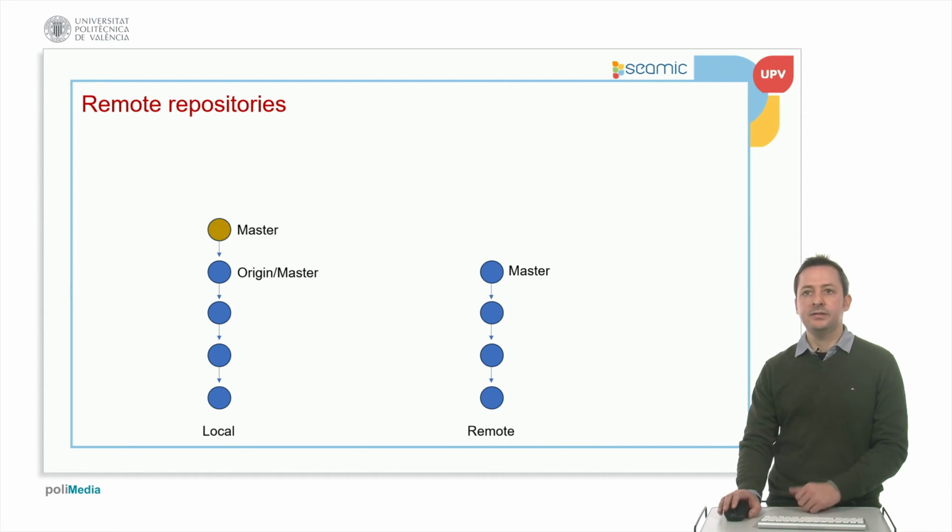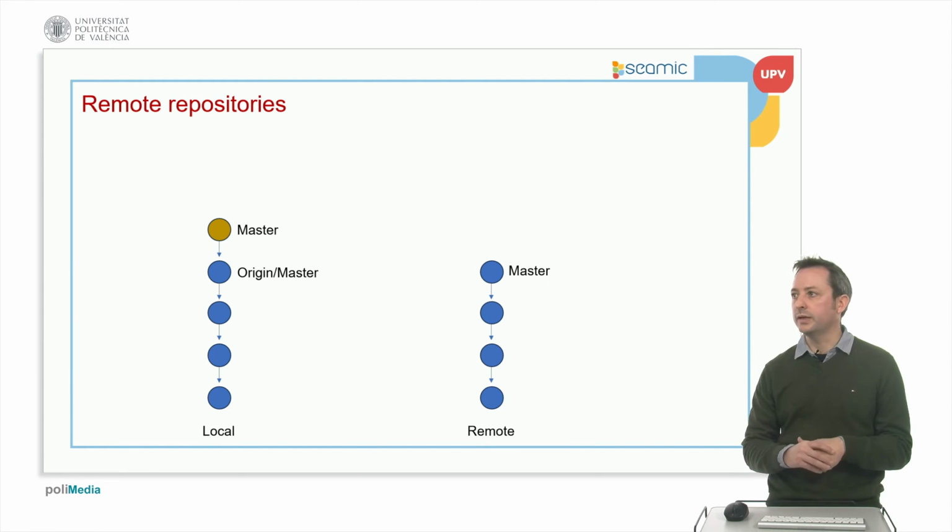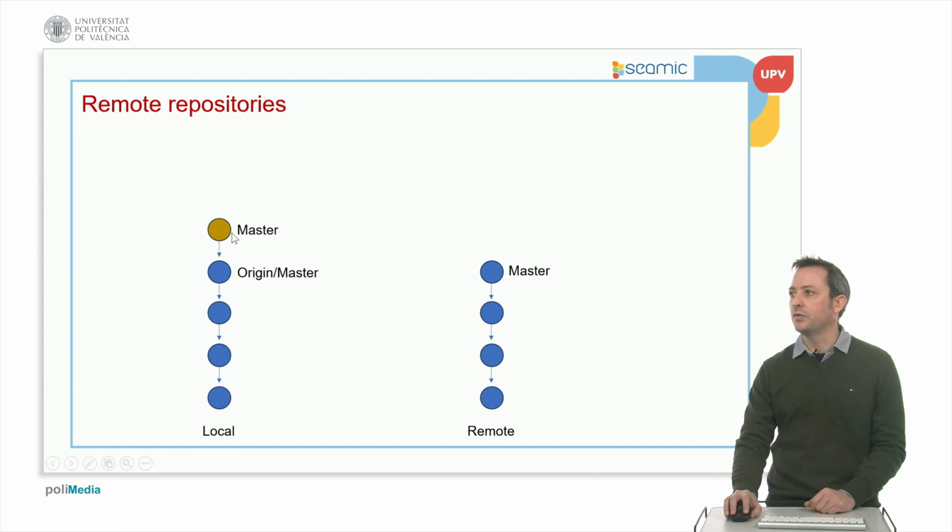Let's think that we keep working in our local repository and master has been moved to this new commit, and then we want to synchronize the changes again, so the process is repeated as before. We want to send the changes of the master branch to the remote. We are sending this commit, and the remote says, okay, I don't have any reference to this commit, please send me this commit. Okay, is this one?